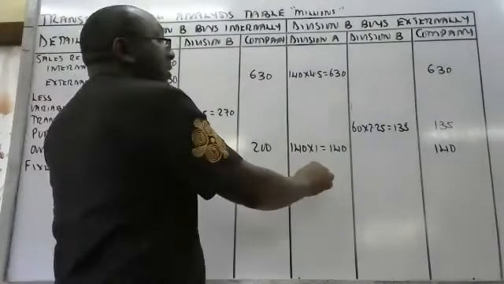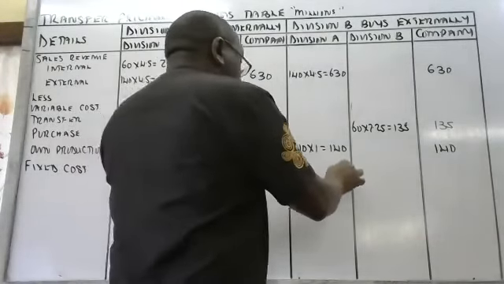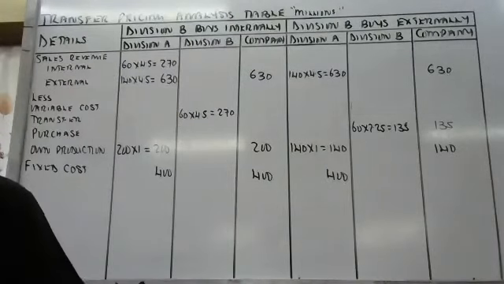On this side, division A would still incur the fixed cost. According to information 3, let's look at it. We are told when he confines himself to 140,000 units, he could reduce his investment by 8 million in inventories, 120 of plant and other assets, and in selling and administrative expenses.